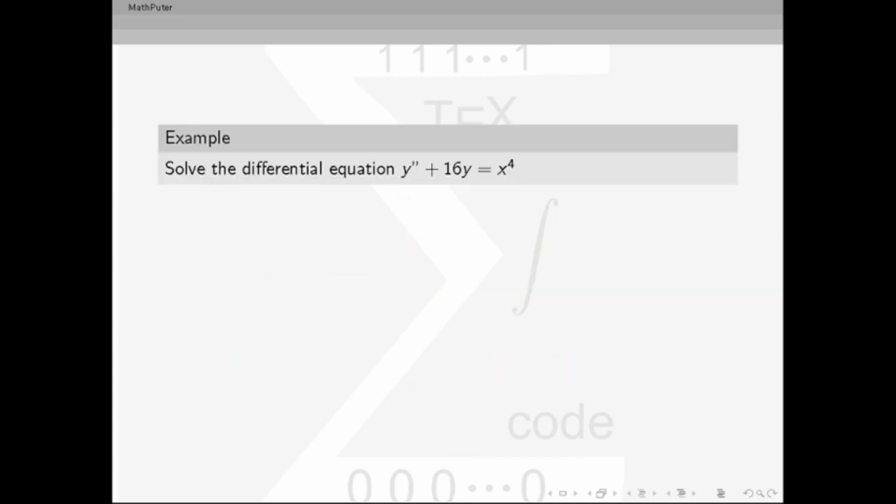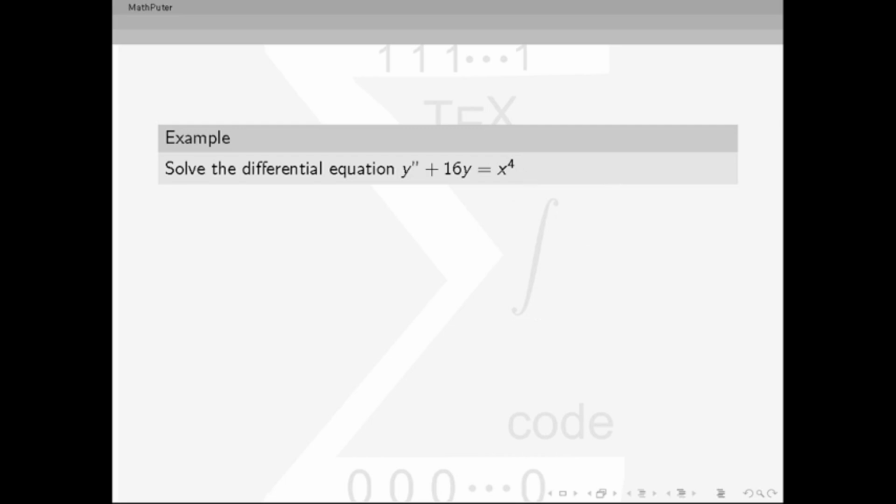Okay, so let us start the session with an example. We have given the differential equation d2y by dx square plus 16y is equal to x raised to 4. Throughout this lecture we shall not concentrate much on the complementary solution.